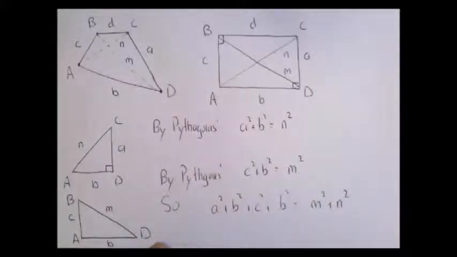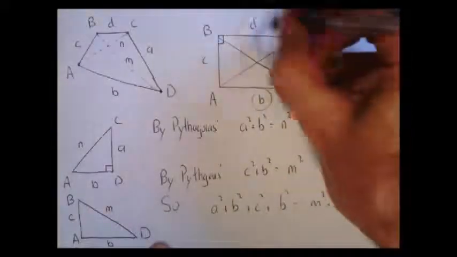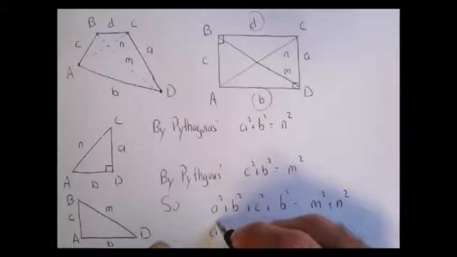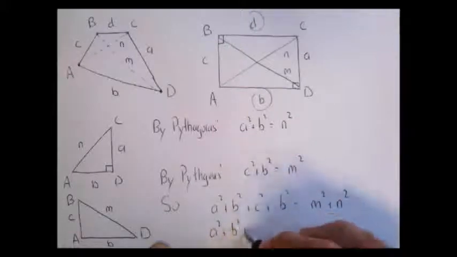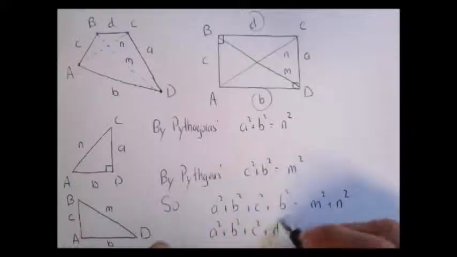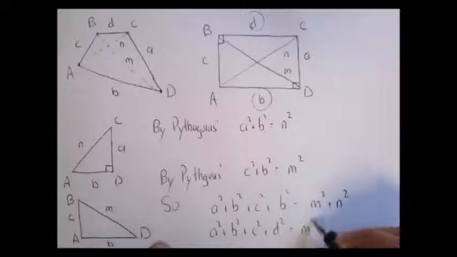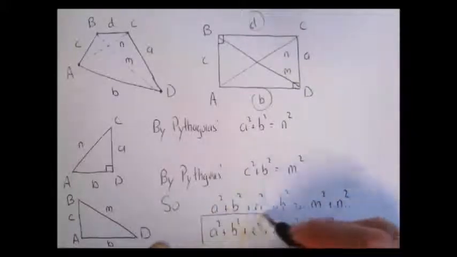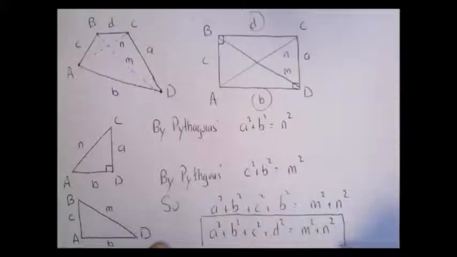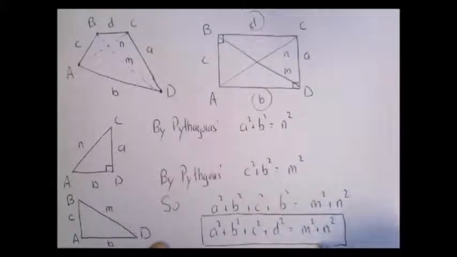Now in my particular rectangle here, I have b is the same as d. So here I can actually say a squared plus b squared plus c squared plus d squared is equal to m squared plus n squared. So that looks like some sort of relationship between the length of the sides and the length of the diagonals.